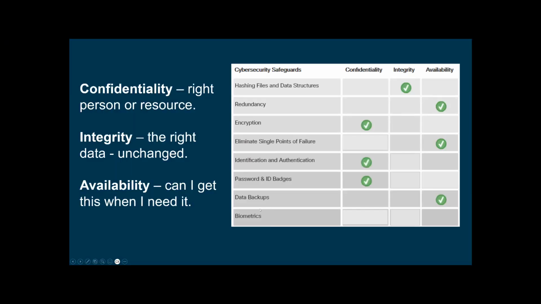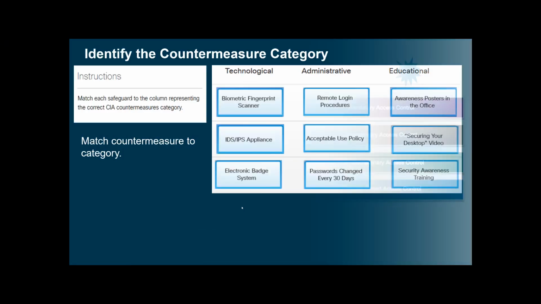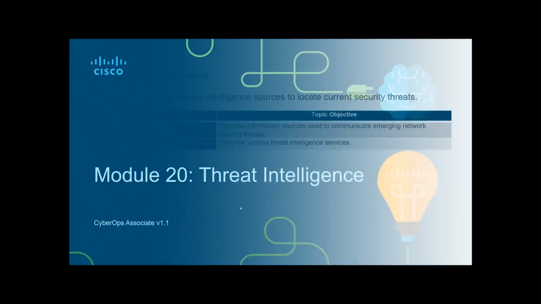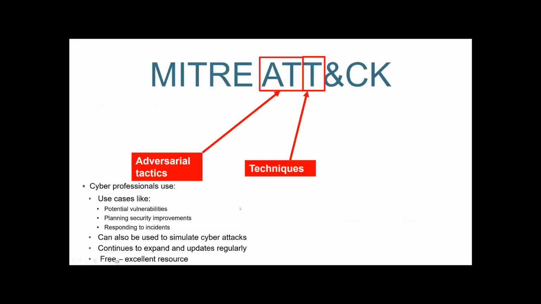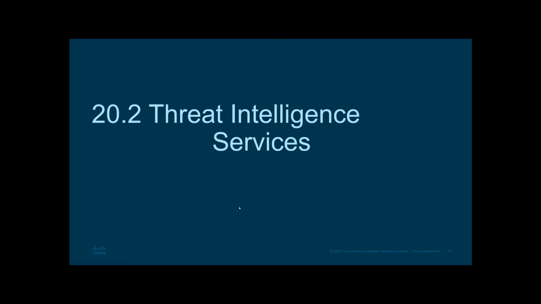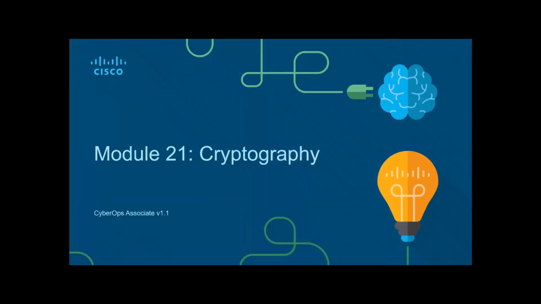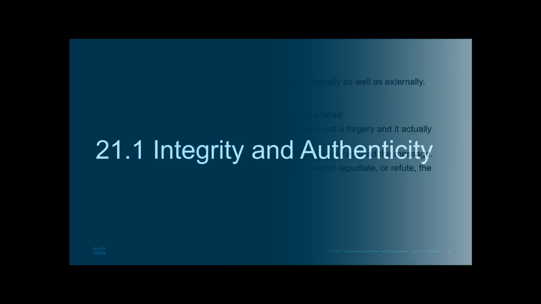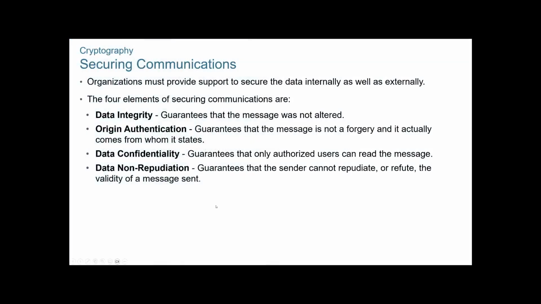Didn't let me take off where I left off here. Okay, module 21. We're not going to talk a lot about it because, again, there's that cryptography and there's that data integrity.